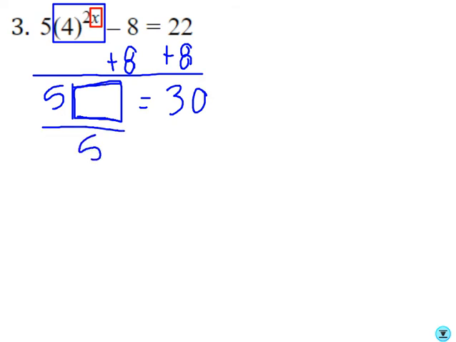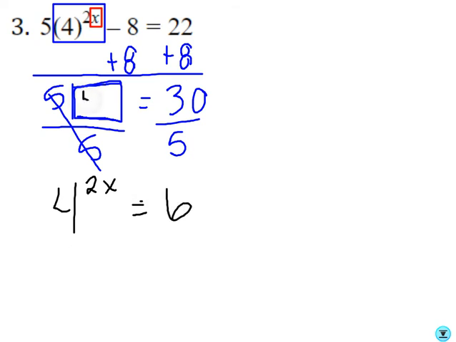Divide both sides by 5. So now I have 4 to the power of 2x is equal to 6, because that's what our box was.